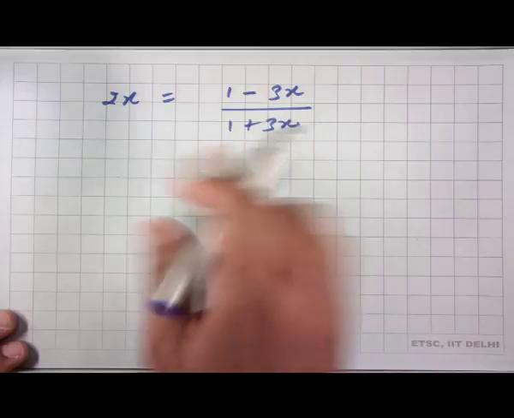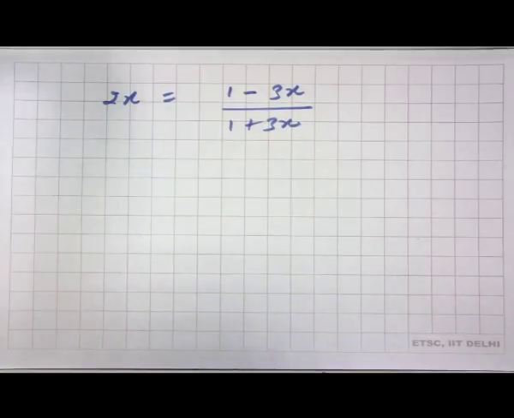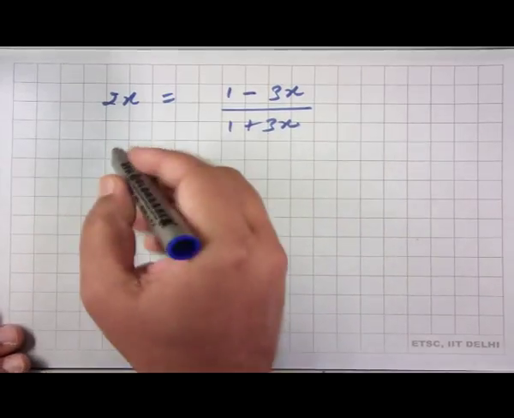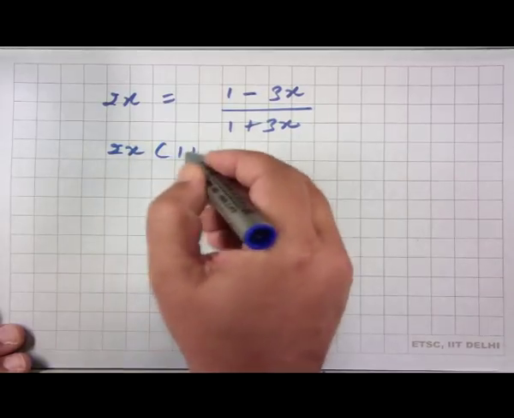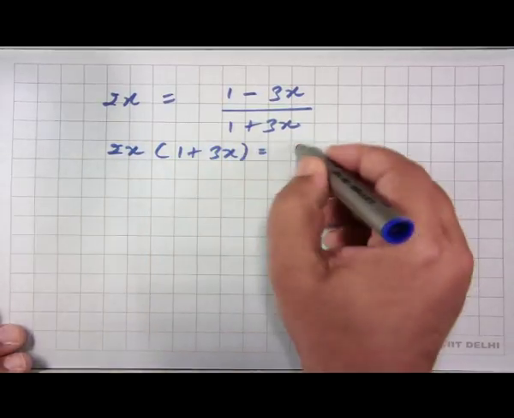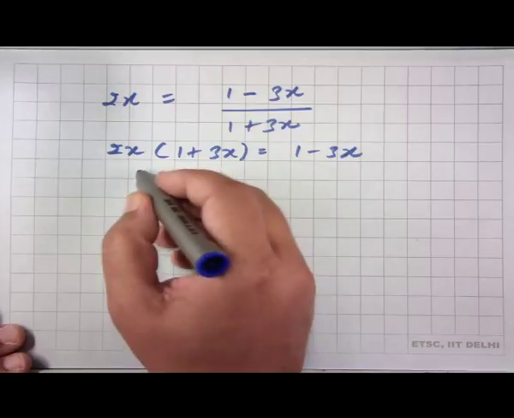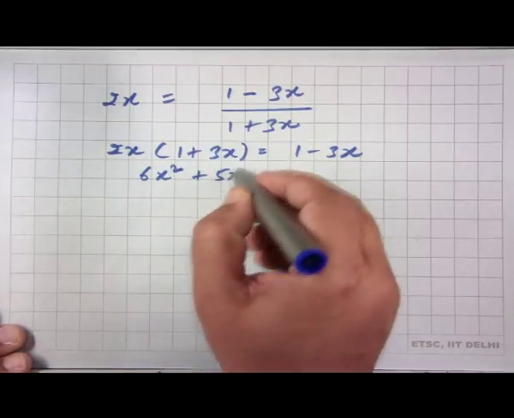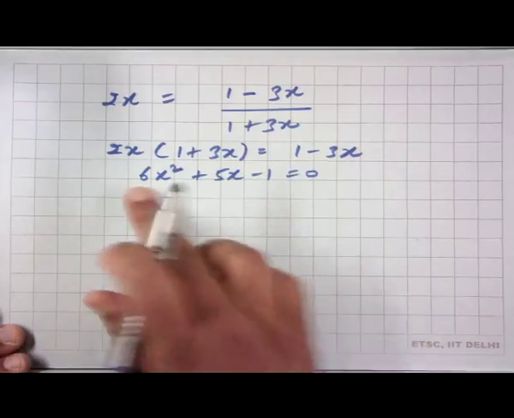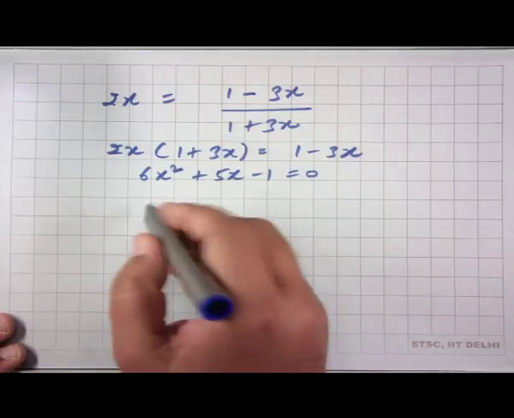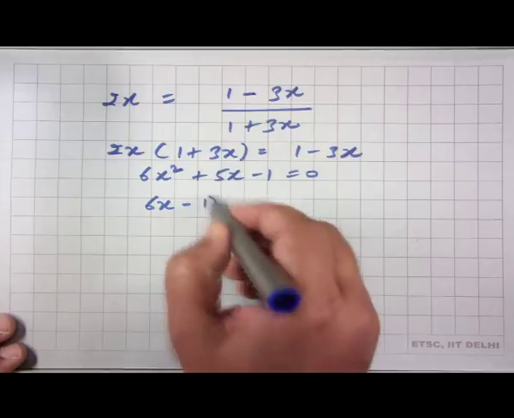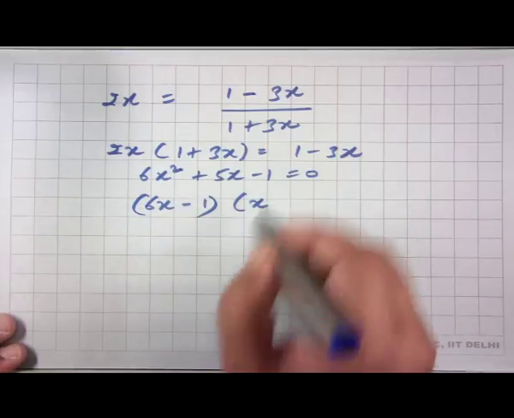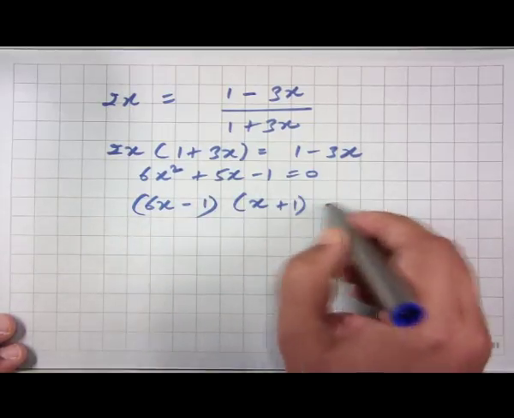Then if we work it out with a little bit of algebraic manipulation, we have 6x square plus 5x minus 1 equal to 0, and the left hand side can be factored as (6x minus 1) into (x plus 1) equals 0.